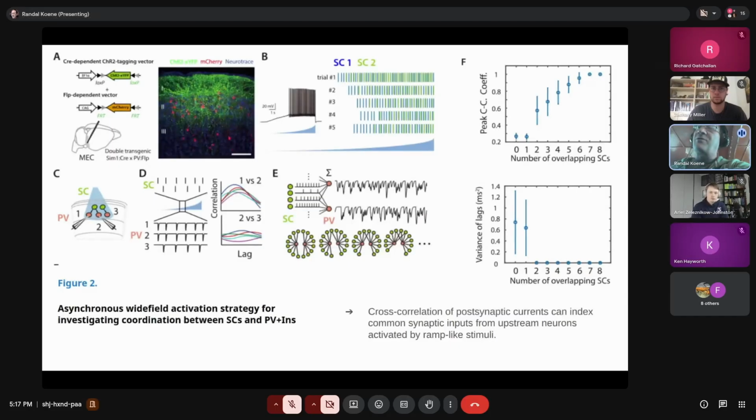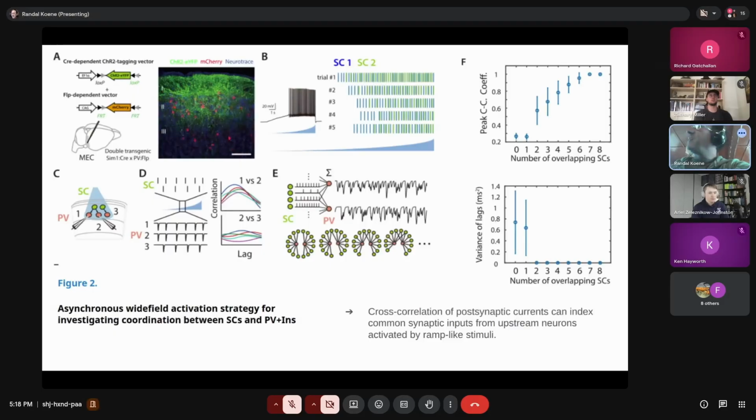And there is a strong correlation for those PV neurons that are activated by the same stellate cells. And here we see that 3 is different. It's not being activated by the same stellate cells. And you can also see that here in the correlation and lag plots.